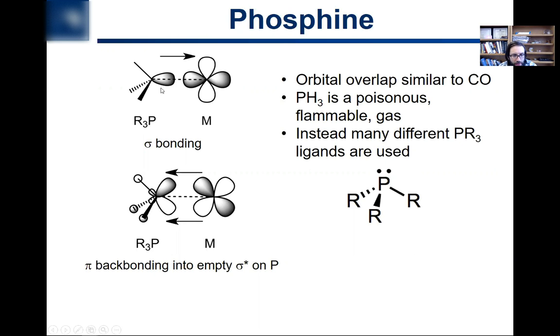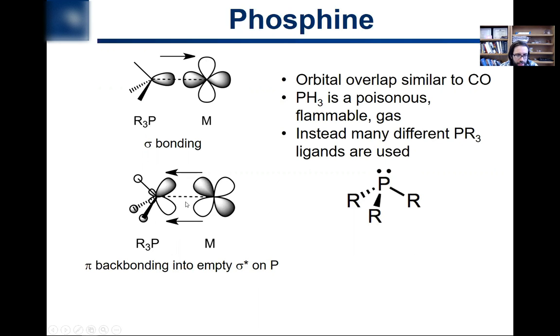And so you have the same situation where you have a sigma donation that can occur from an occupied MO on the phosphine, and that can donate into the metal. But you can also have pi back bonding from the metal into an empty sigma star orbital this time on the phosphine, on the phosphorus.